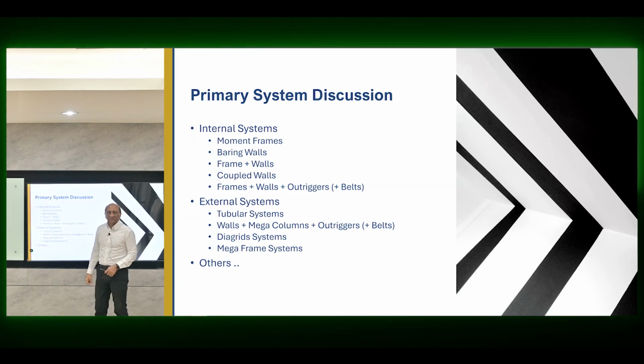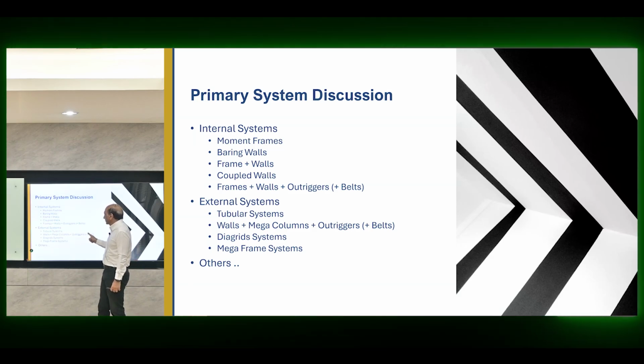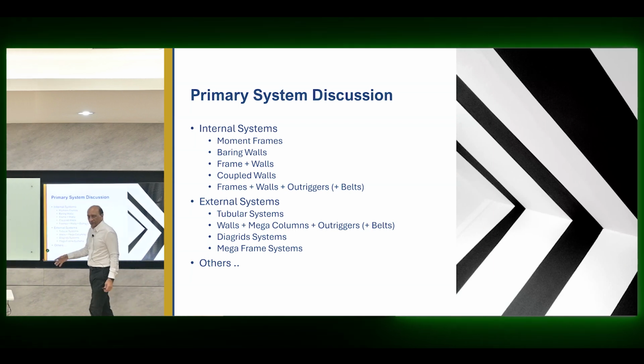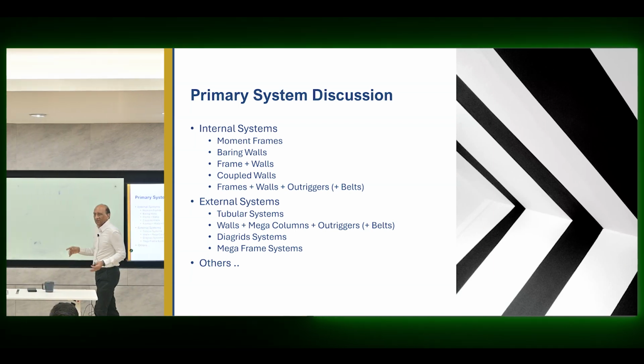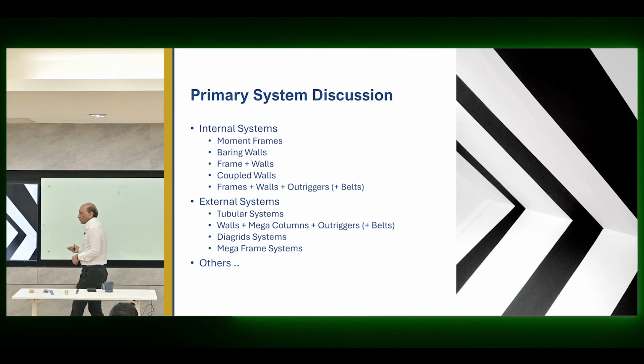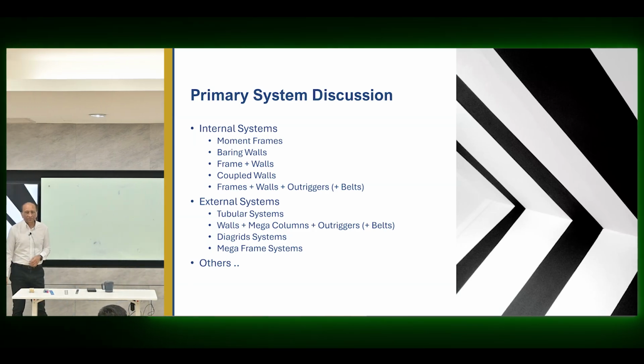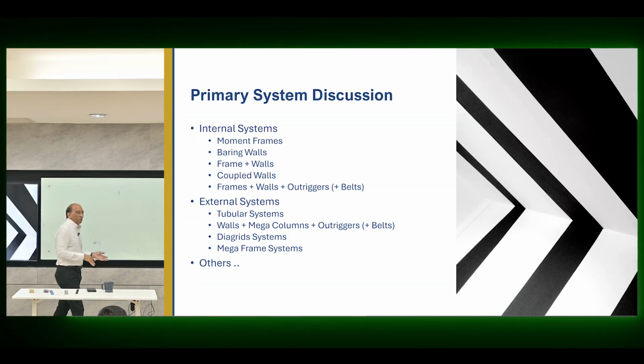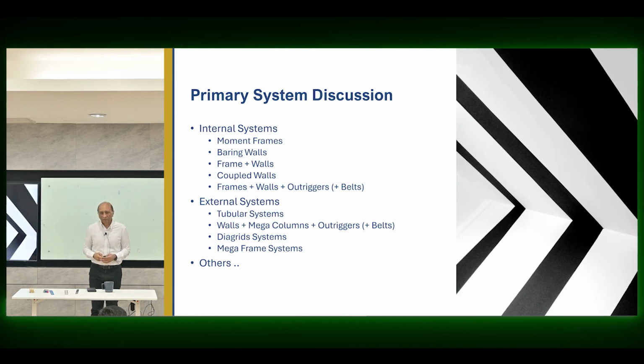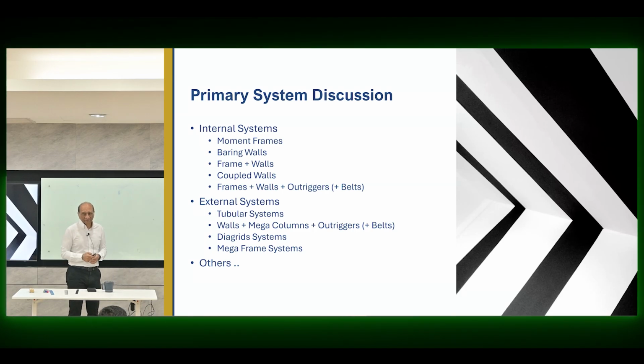The second group is external systems, which are placed outside the building, not in the middle. Those are tubular systems, wall plus mega columns and outriggers and belts, diagrids and mega frames, and more. So these are the two broad categories of structural systems, one placed inside the building and one placed on the exterior of the building. And then all possible combinations.